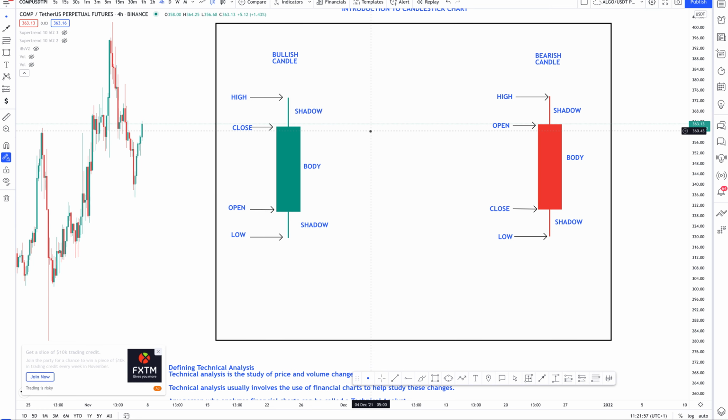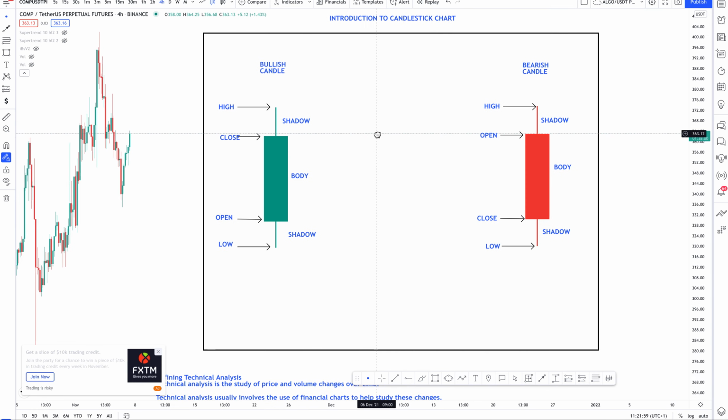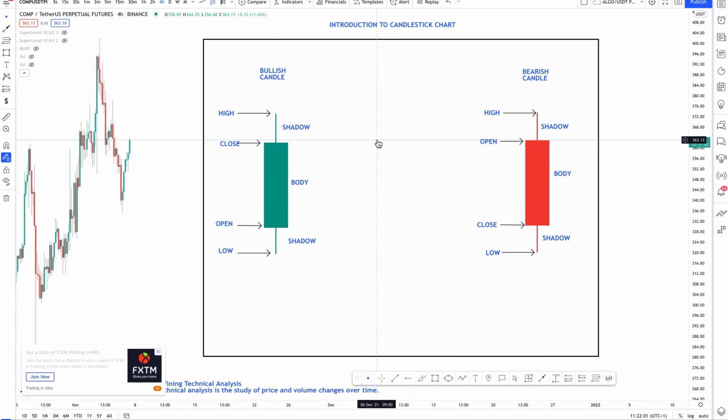Now, irrespective of what color you're using, one thing I like telling my students is that the principle remains the same. Okay, a bullish candle is a candle that tends to move up or pushes upwards, vertically upwards. That's what a bullish candle is, and a bearish candle is one that goes downwards.